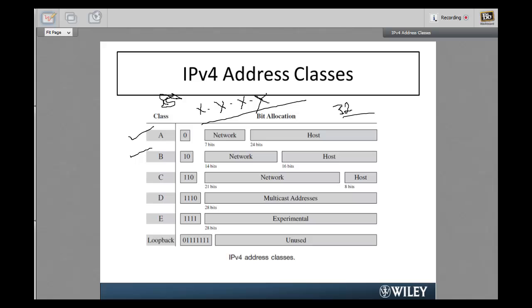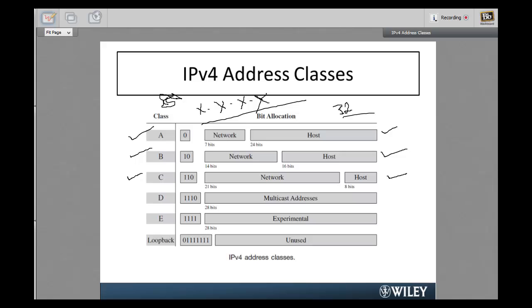Class B, you can see that we have given more space to the network address. Class C, many networks, fewer hosts. So in the first one you can have a lot of hosts. Class B is for medium networks. Class C is for small networks, because you have 8 bits.